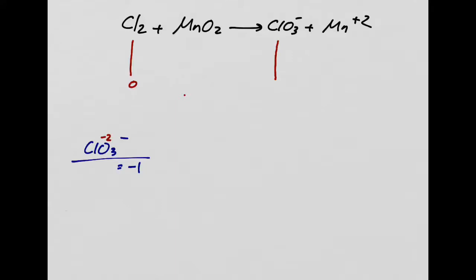So -2 times 3 is -6. So Cl is going to be +5. Again, two nonmetals together is a covalent compound. It's not a balance of charges anymore. I need to do the rules to figure out the oxidation number of Cl. Oxygen is always -2, but Cl, I need to figure it out. So we went from 0 to +5. What happened? That got oxidized because it became more positive.